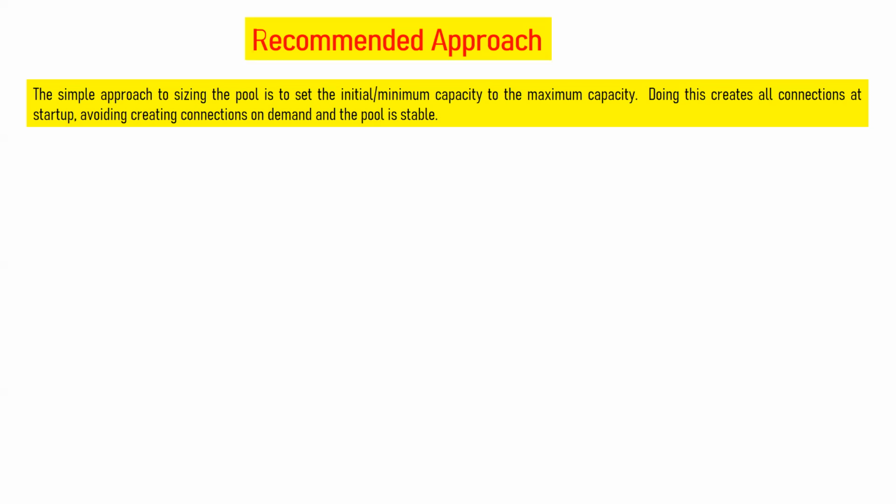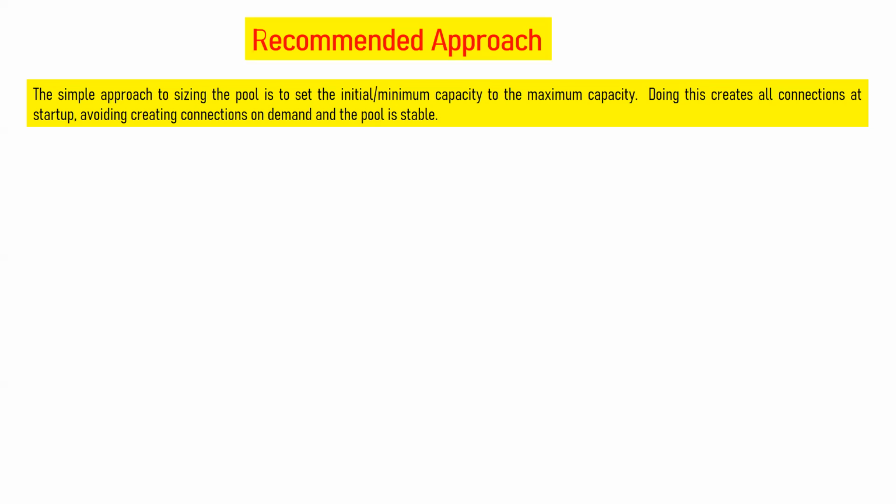So there could be a performance problem in that case, because at runtime when your application needs a connection, it goes to the database, creates a connection, and then reverts back with a ready-to-use connection. That is the reason we define the initial capacity as the maximum capacity, so that all the connections get created when your server starts. That means all the connections up to the maximum capacity are ready to use by the application, right? That will increase your performance.